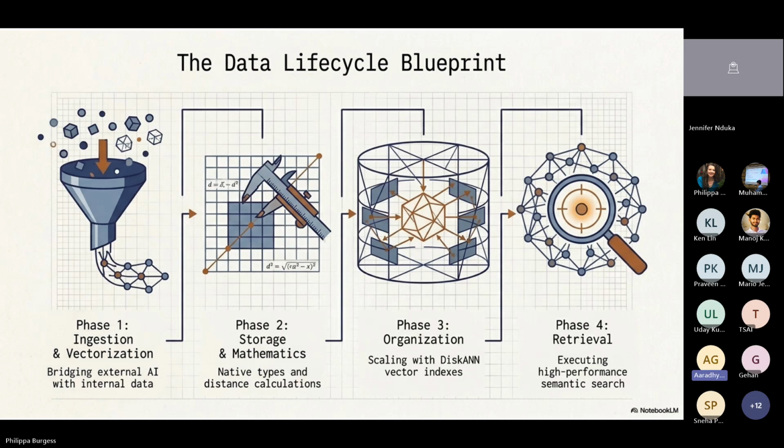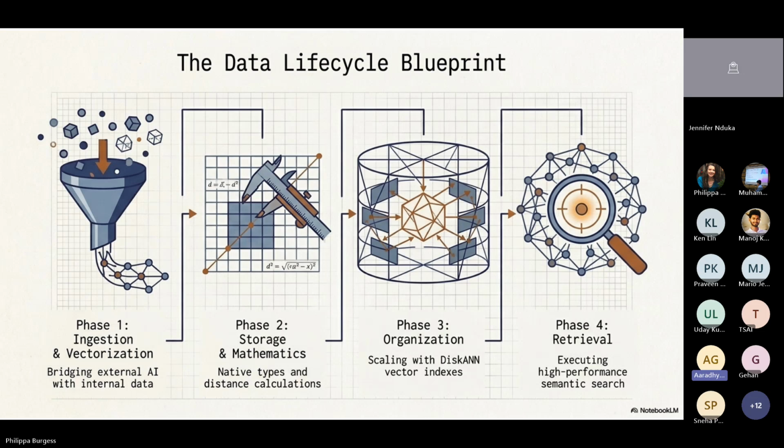So it brings us immediately to phase two, storage. Once the model generates a mathematical array, it must be stored efficiently. In the past, developers stored vectors as massive strings, text, or custom JSON nodes, which slowed query performance and bloated the database size.